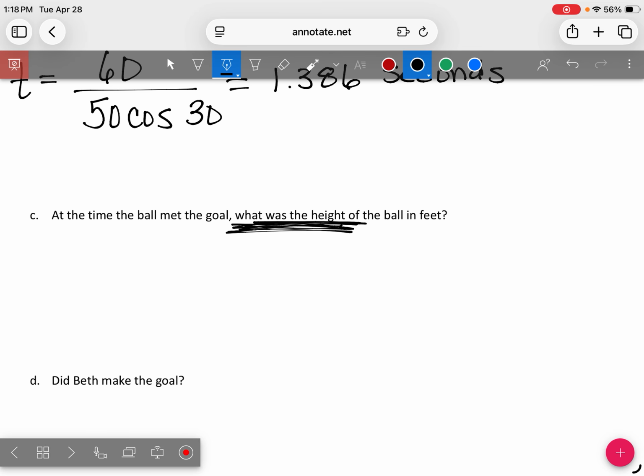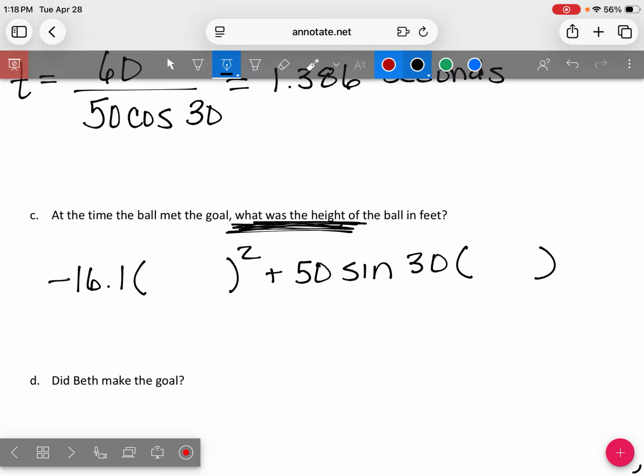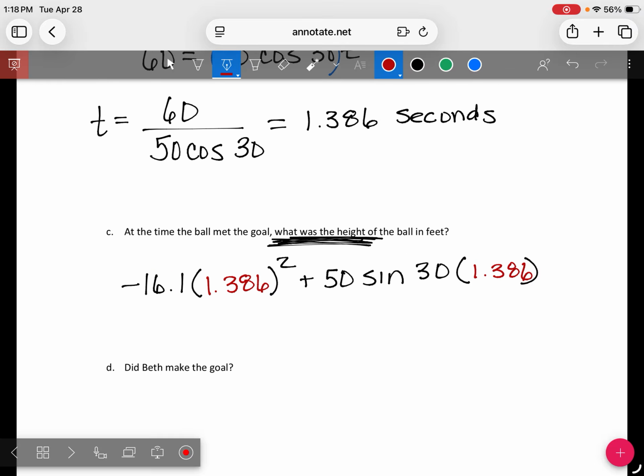So y, negative 16.1 t squared plus 50 sine 30 t. I'm substituting in that 1.386. Type that in your calculator. That's going to tell me the height at the post. The vertical height when it reached the post.